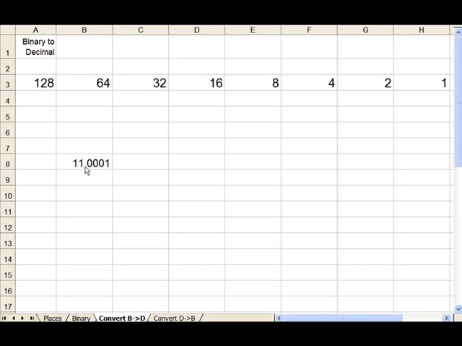So here's a binary number with 6 bits, and we need to know what is the decimal equivalent of that number. So let's take these bits and put them in their places. Going from right to left, we have a 1 in the 1's place, and we have a 0 in the 2's place, the 4's place, and the 8's place.